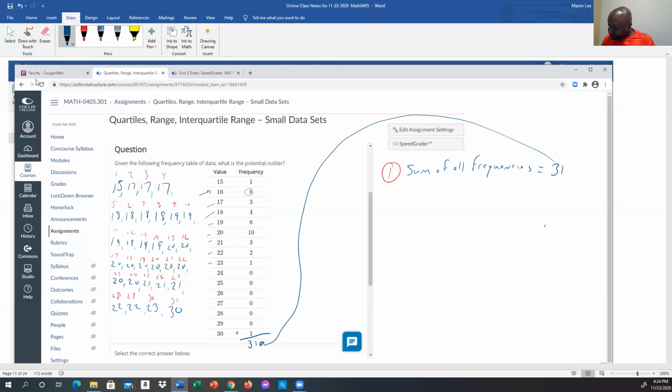Just so you can see that, we added up all these to get 31, and of course we labeled each number from 1 to 31.